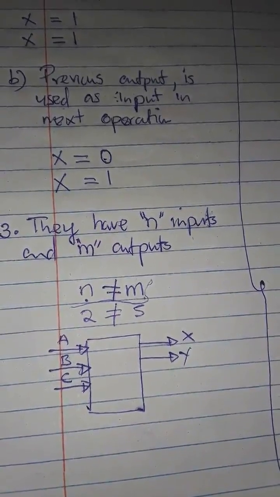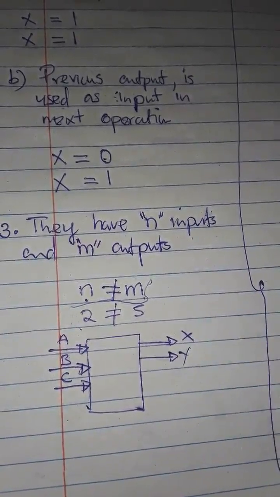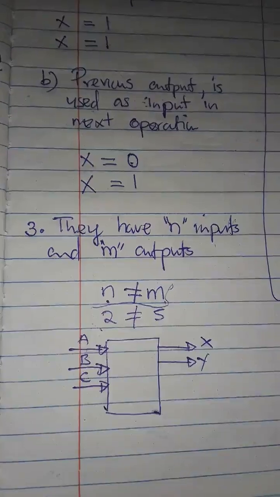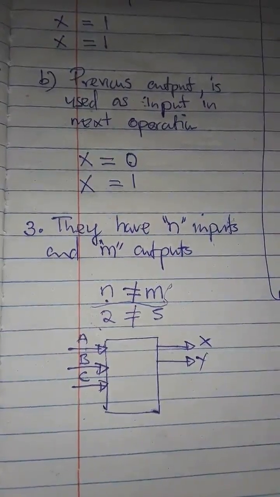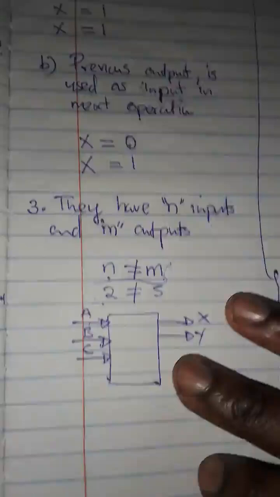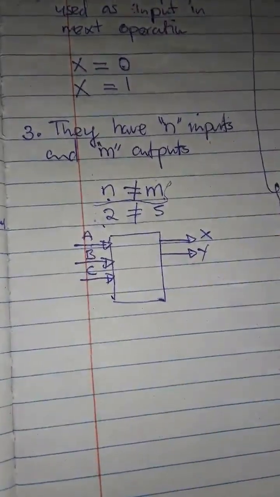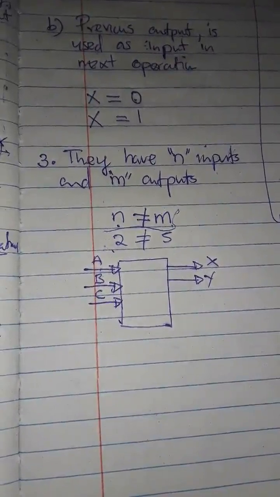There is no hard and fast rule that they must be the same or must not be the same. Anything can happen. So that's the end of the characteristics of combinational circuits.